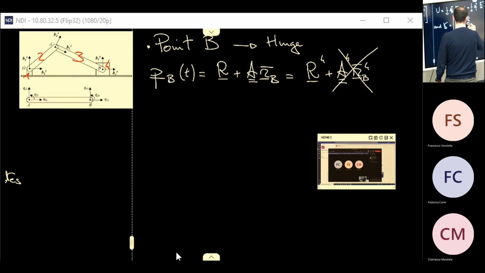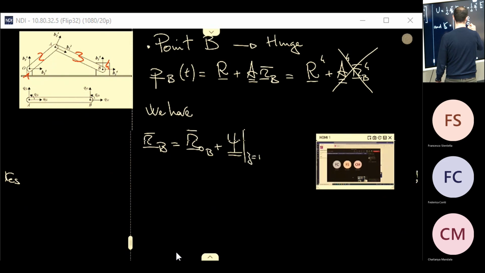So in this case, let's write, just for the sake of completion, we have RB, which is again R0 B plus U, sorry, C estimated in this case at C equal to 1, no?